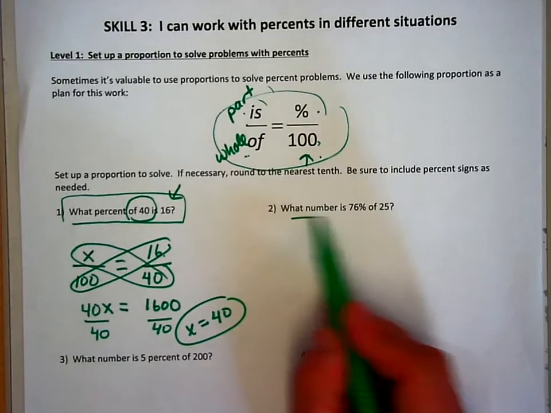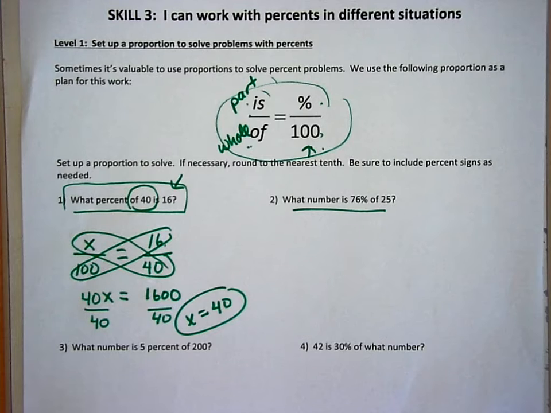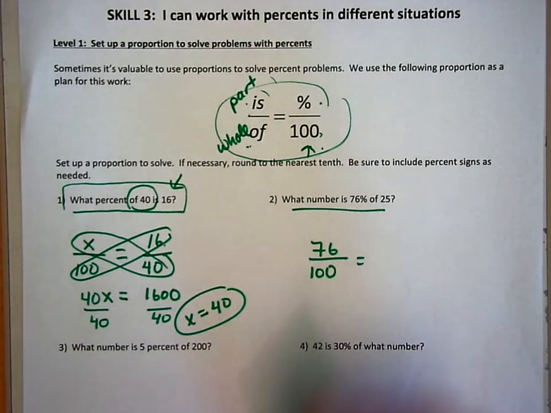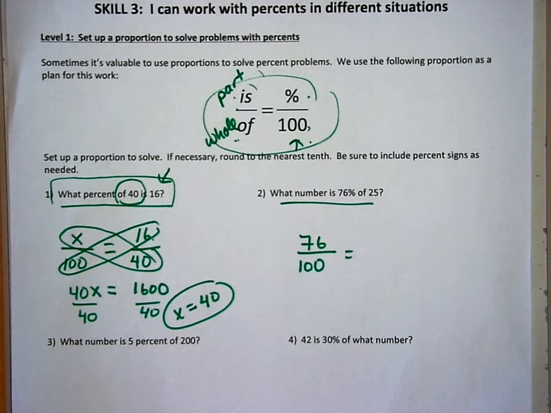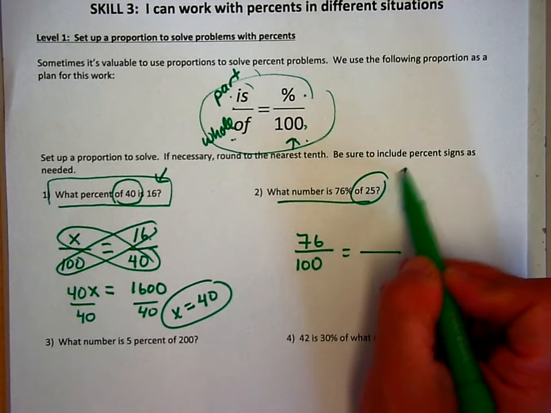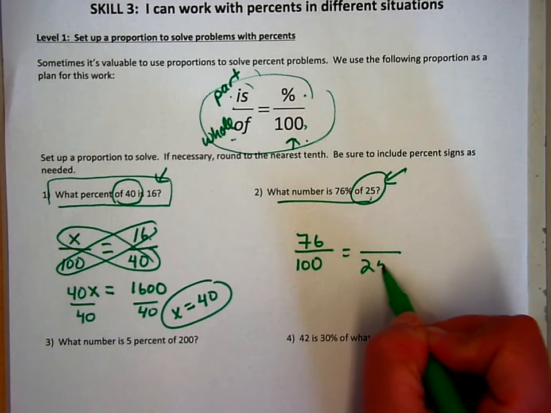Okay. Next, same thing. So what number is 76% of 25? So one ratio is going to be the percent. So we do know the percent, so it's going to be 76 out of 100. Okay, the total goes on the bottom. The total is the number that always comes after the word of. So 25 is the total here.